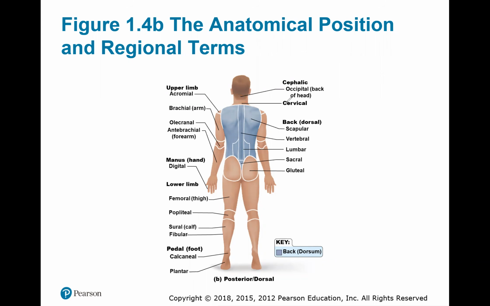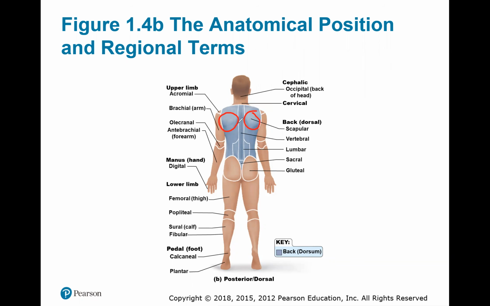The neck, again, is called the cervical region. That will not change. As we work our way down, now we're thinking about the back. So again, back, we're going to think of the dorsal region. If you're thinking about the shoulders, we're referring to the scapular region because the shoulder blades are referred to as the scapula.